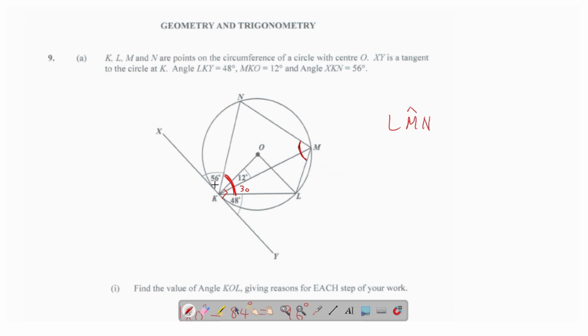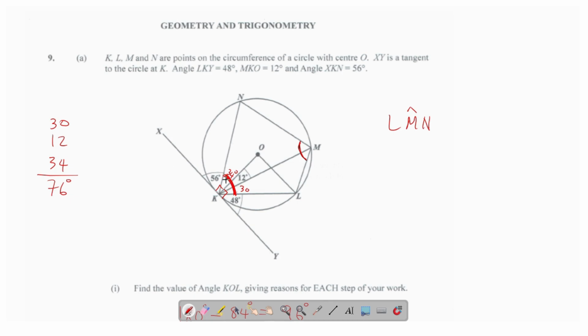So if this is 90 degrees and we have 56 here, to find this angle we just take 56 from 90, and that's 34 degrees. So now we have all of this angle as 30 plus 12 plus 34, and that gives us 76 degrees.